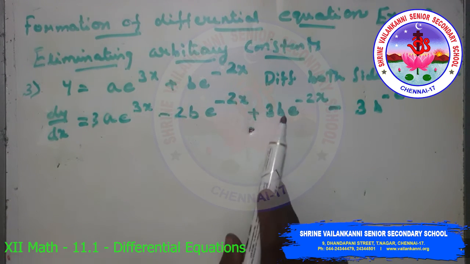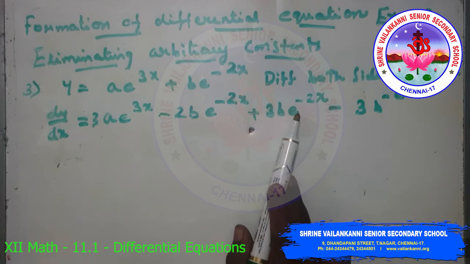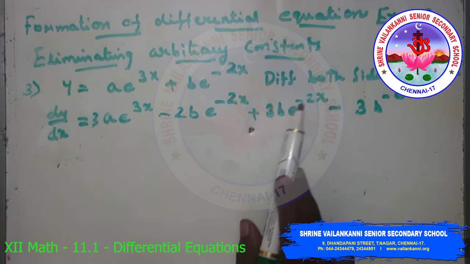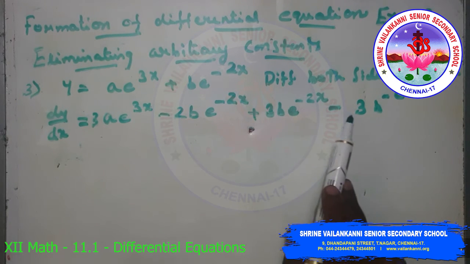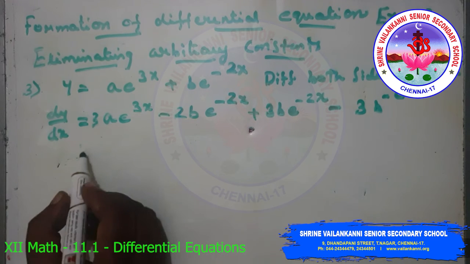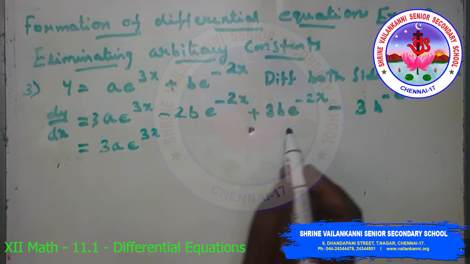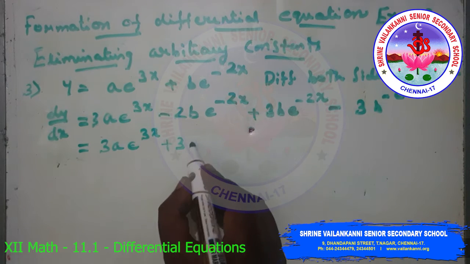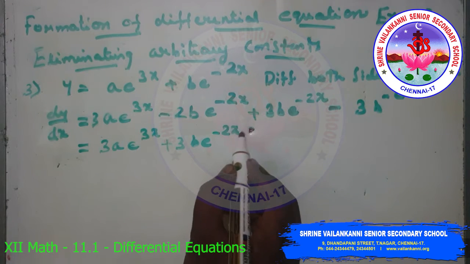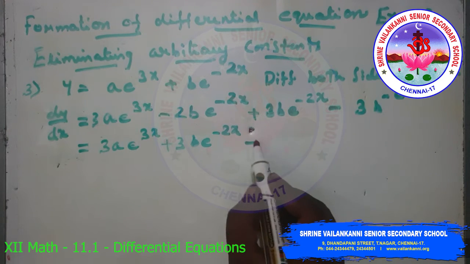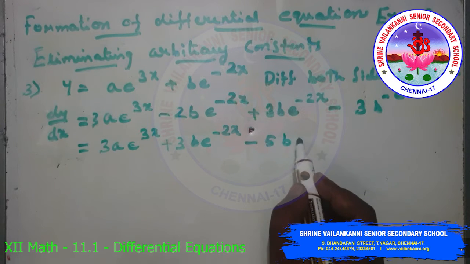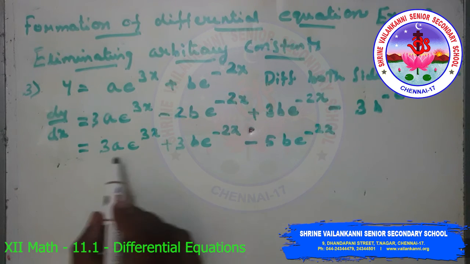So add and subtract 3 into b e power minus 2x. So plus 3b e power minus 2x minus 3b e power minus 2x, which is equal to 3a e power 3x plus 3b e power minus 2x, then minus 2 and minus 3, minus 5b e power minus 2x.